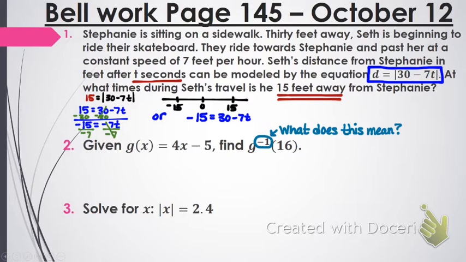When you need to round, unless the directions say differently, you'll go 2 spaces after the decimal point. You can absolutely leave it as a fraction. I'm totally okay with that. So if you left this as 15 over 7, then you should be fine.